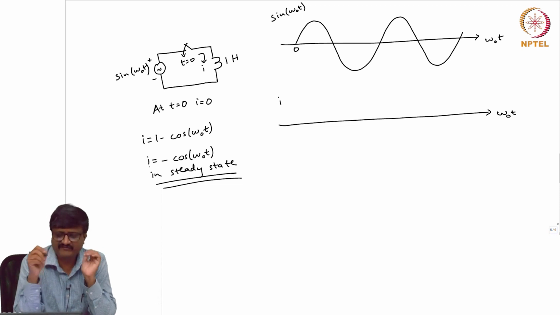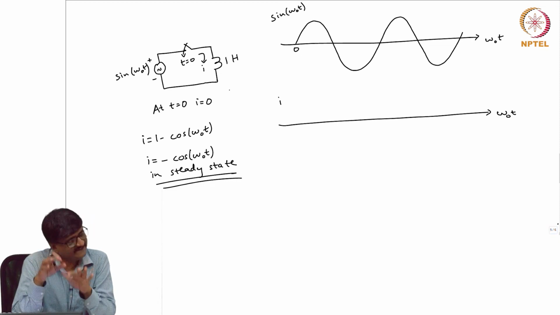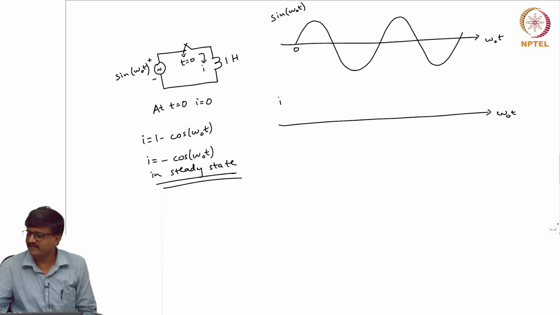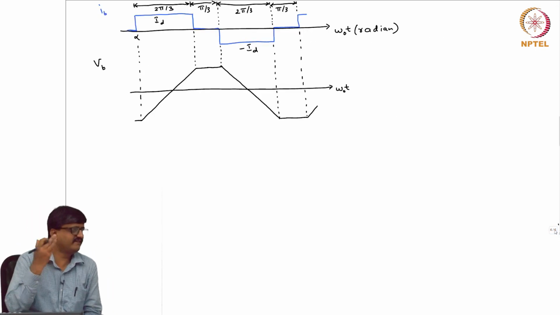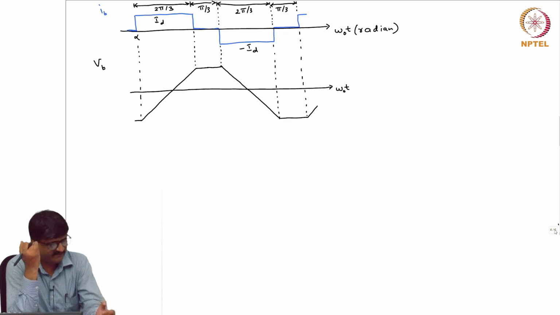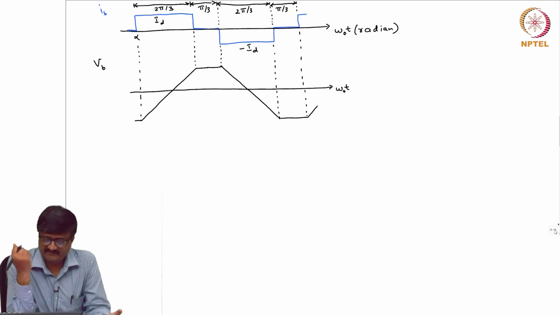Please note that there is a difference between studying this circuit as a circuit by itself and studying this circuit as a representation of some physical arrangement. What we are considering is a physical arrangement, not some imaginary circuit. What we are studying is the representation of some actual circuits which are there in practice.